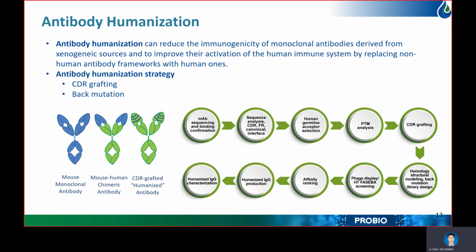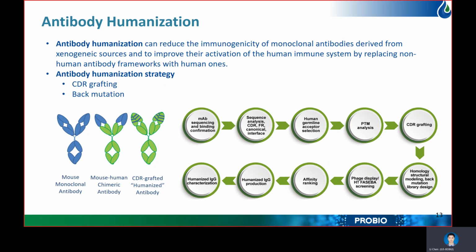Then CDR grafting will be conducted to replace the majority of a non-human backbone in the IgG sequence. The replacement of a framework usually leads to decreasing affinity due to the change of the CDR region structure. As a result, homology modeling will be applied to help design back mutations within framework region.